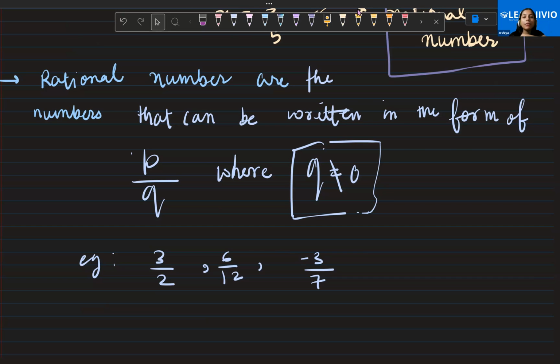Write this down as well: five rational numbers between 3 by 10 and 9 by 10 are... and write down the answer in your notebook. Done, ma'am.